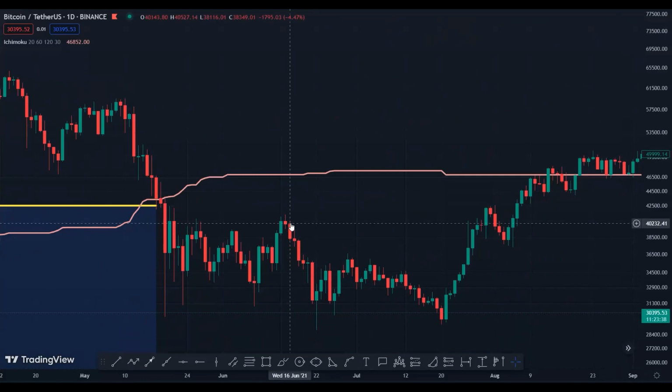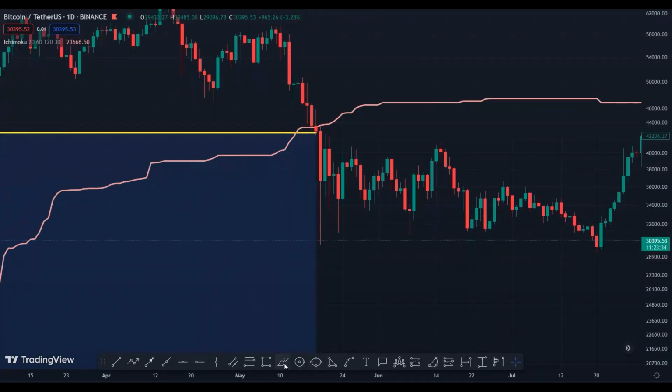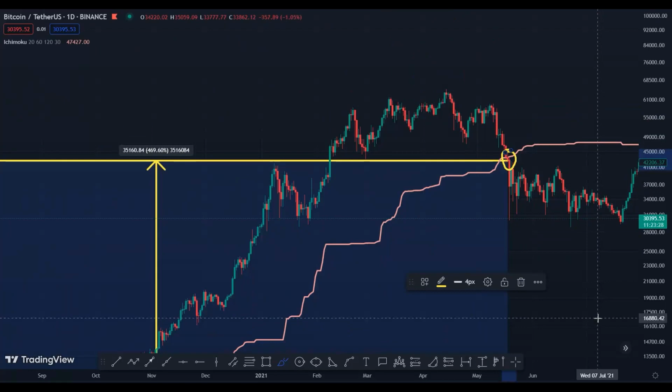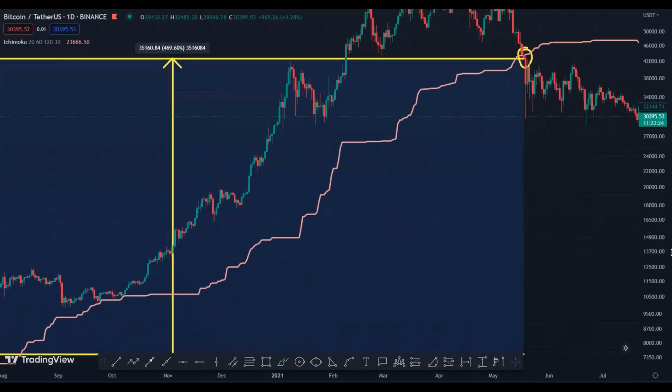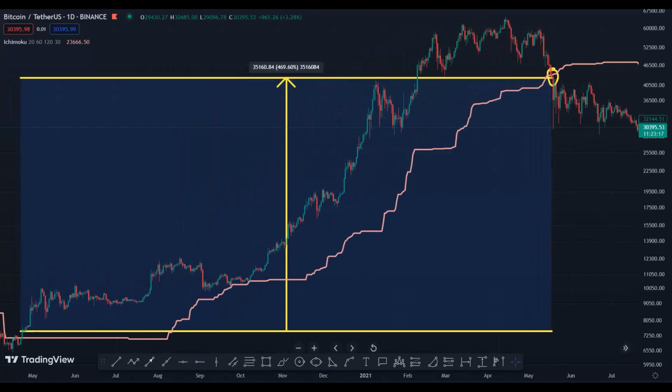If you zoom out, this is the close of the candle below Senkou span B. This is your warning sign for a turn from bullish to bearish. Just based on this indicator, 470% profit.